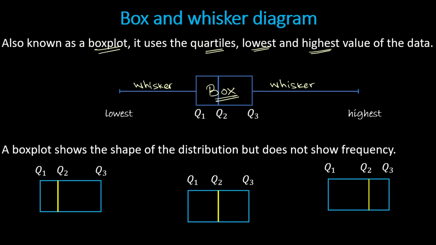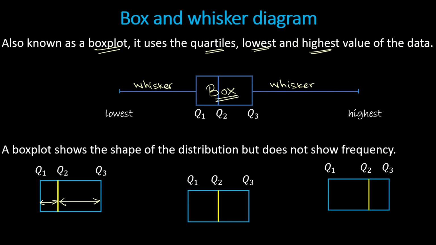Now, whenever we talk about shape of a distribution, shape of a distribution can be classified into three categories. Let us see. If you take a look at the first box here, that is this one, we observe that the distance from Q1 to Q2 is less compared to the distance to the right, that is from Q2 to Q3.